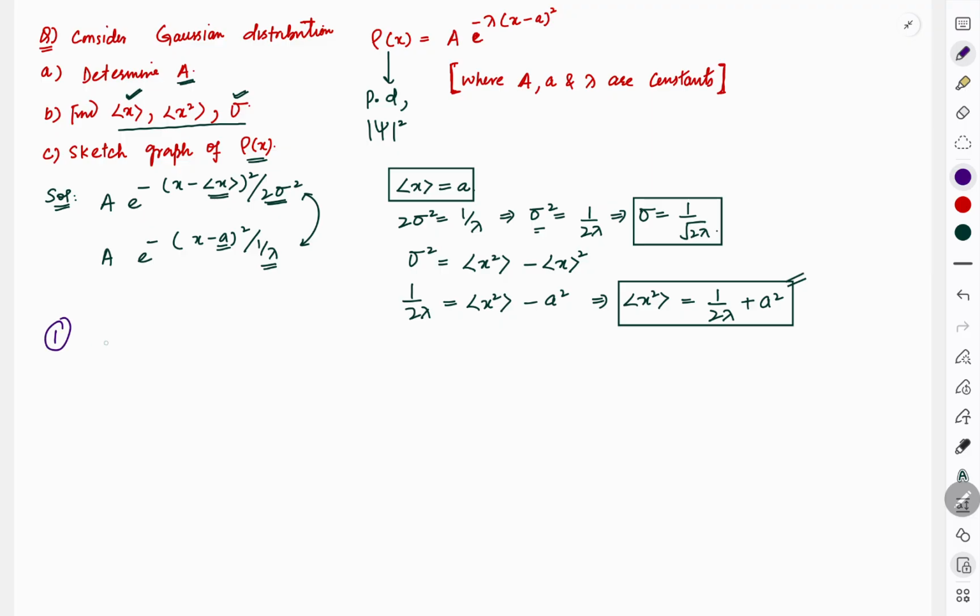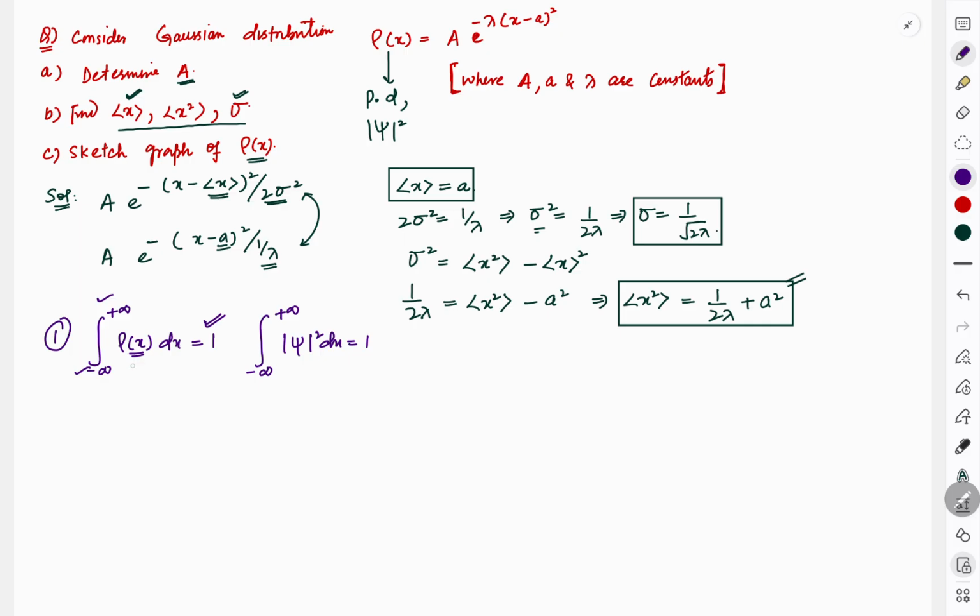For that we will use the normalization condition, that is, the integral from minus infinity to plus infinity of rho of x, which is the probability density, d of x equals 1. You might know it this way: the integral from minus infinity to plus infinity of psi square d of x equals 1. That is, the particle must be somewhere, so the whole probability from minus infinity to plus infinity is 1.